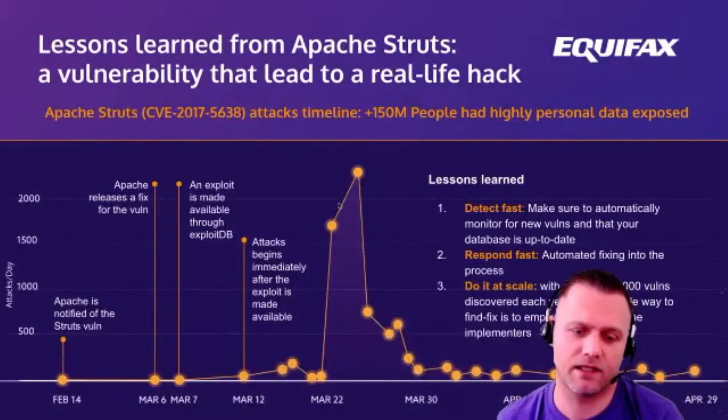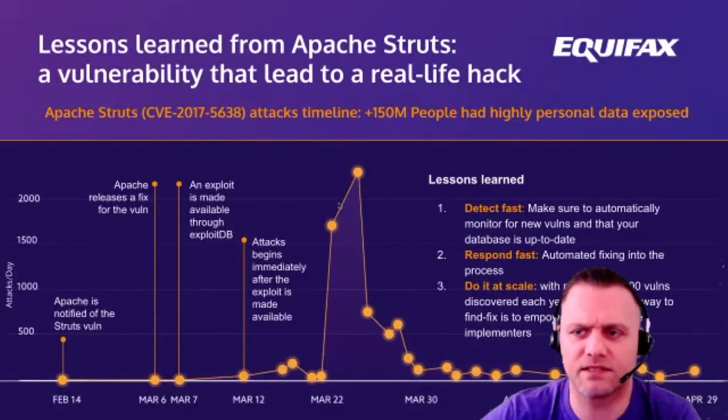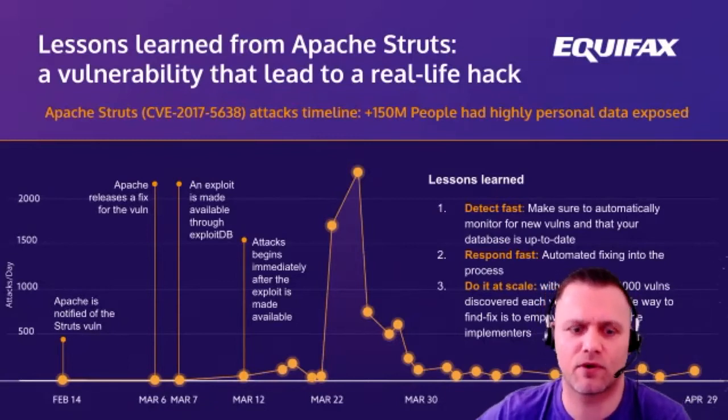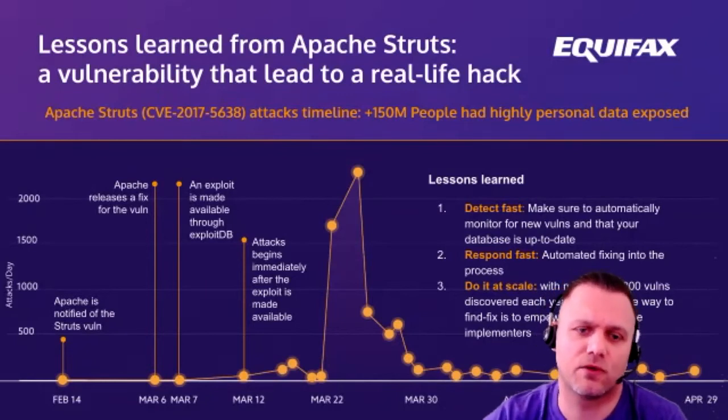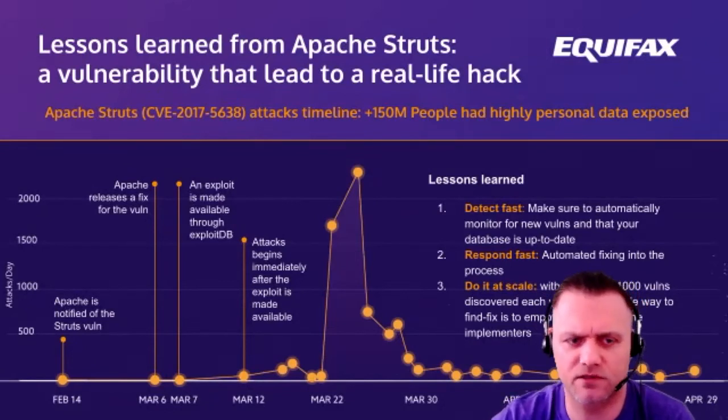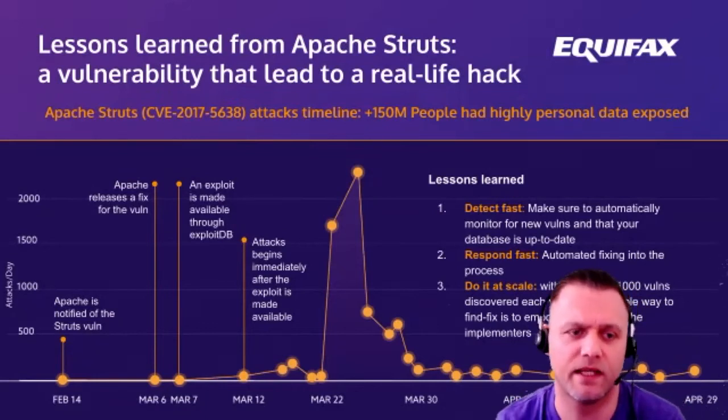In 2017, there was this Equifax incident. They were using Apache Struts, which is a Java framework. It was quite common back then before Spring became more and more popular, especially like 10, 15 years ago, but it's still being used, not as much anymore.